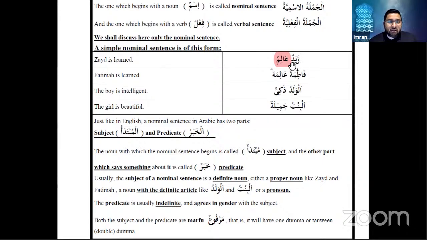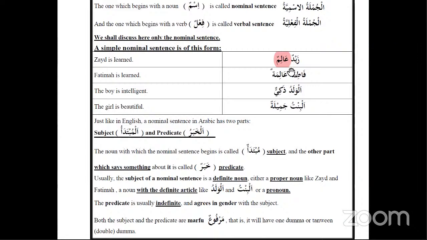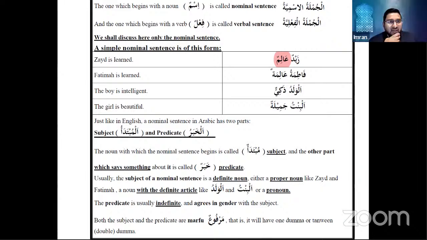Zayd is knowledgeable. Is it because they both have tanween? They have dhamma tanween. Yeah, that's right. And the other thing is that the word Zaydun itself is getting a dhamma tanween. It's a proper noun, but gets either a dhamma or a dhamma tanween. That is a ruling in the Arabic language: all nouns, when they start a sentence, will get a dhamma or a dhamma tanween.